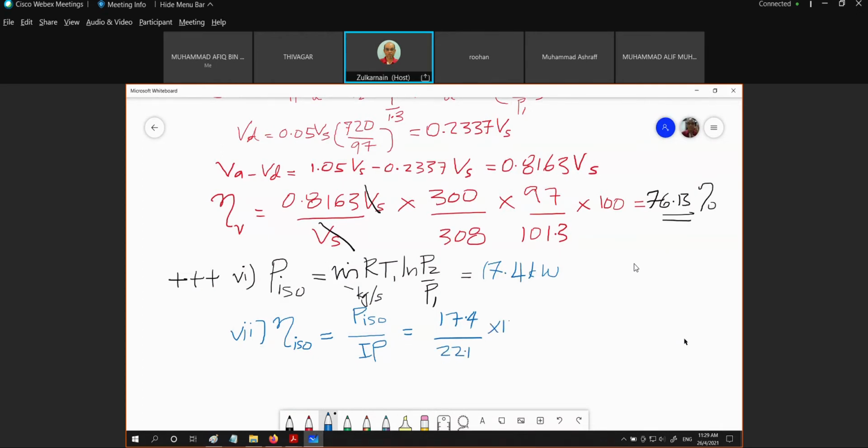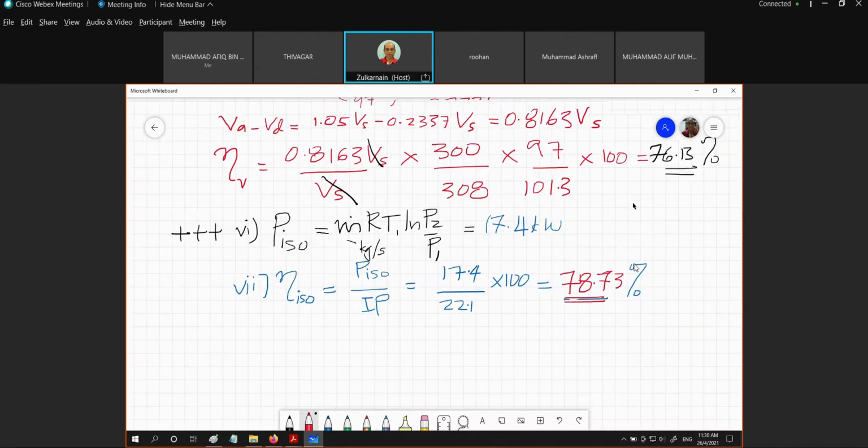Multiplied by 100 to change in terms of percentage, then you get the value 78.73. Okay, correct, 78.73. Thank you.